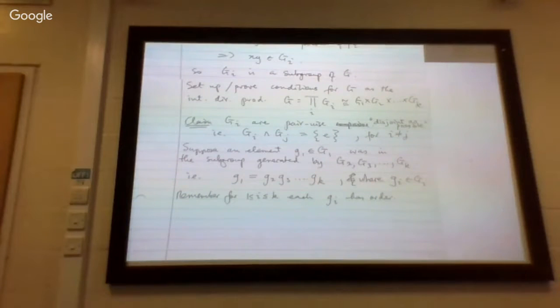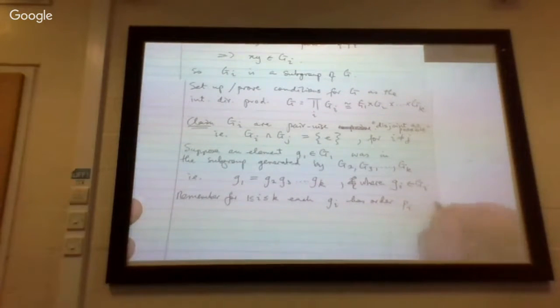In the book he said pi to the alpha i, but it's not necessarily that. So it has order pi to the, well, it's just a matter of choosing a letter for it.